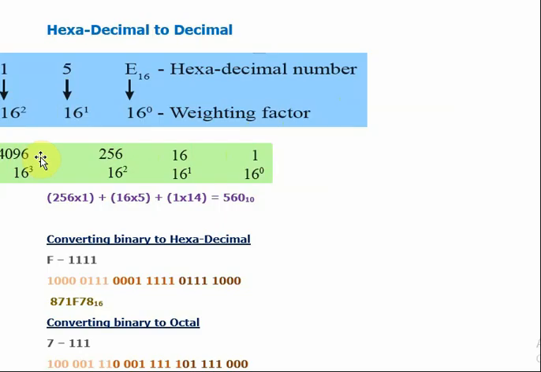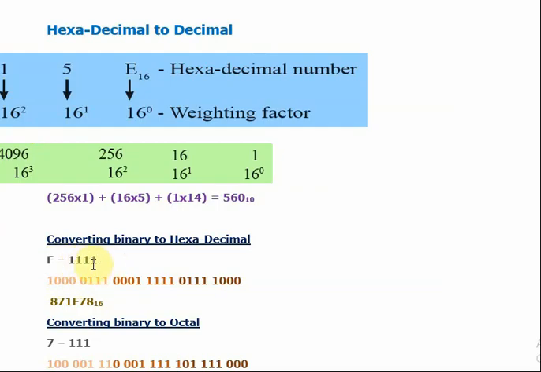Then binary to octal, hexa or decimal. So decimal is very clear. Only you need to take the weighting factor. Now when we are converting binary to hexa, we need to remember this. The maximum value in hexa is F. To represent F, we need only 4 bits.